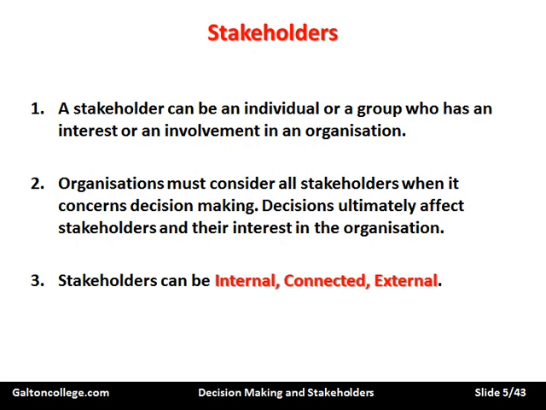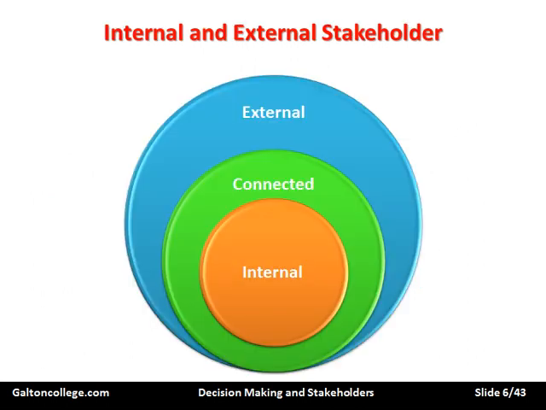Now, stakeholders can be internal, they can be connected, or they could be external. And we'll look at the differences between these in the next slide. First of all, let's look at internal and external stakeholders.